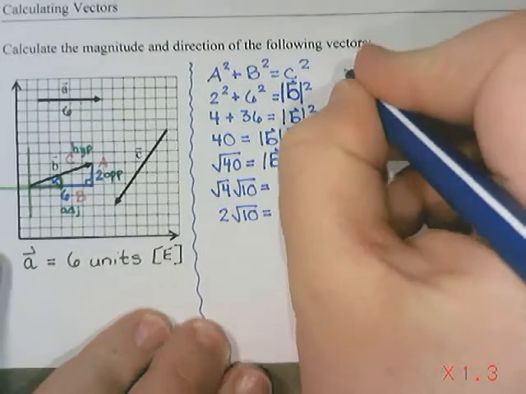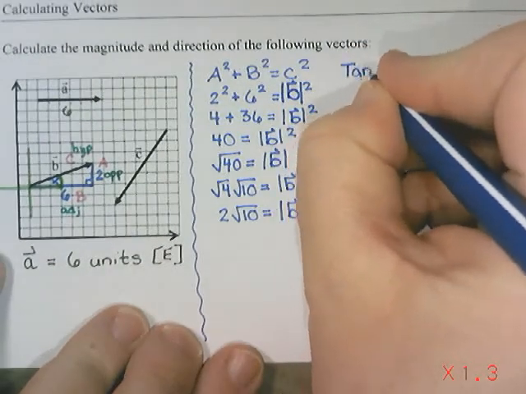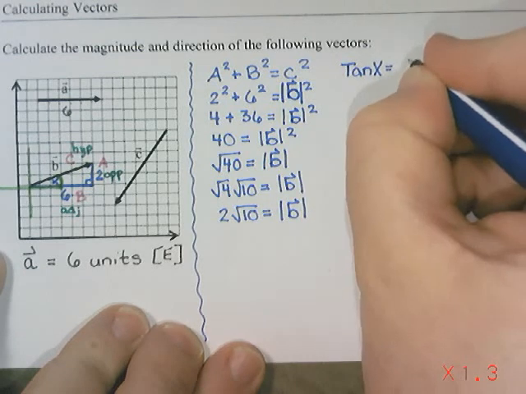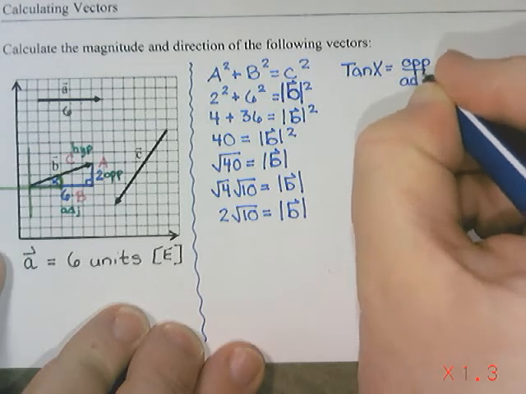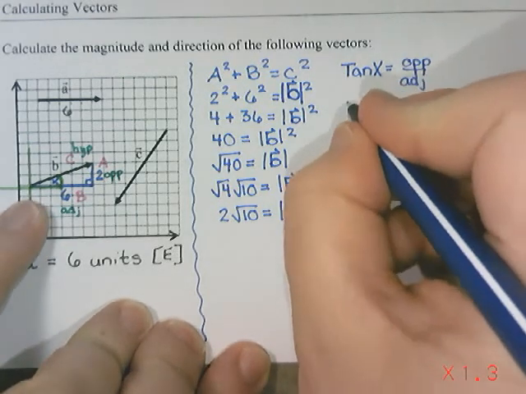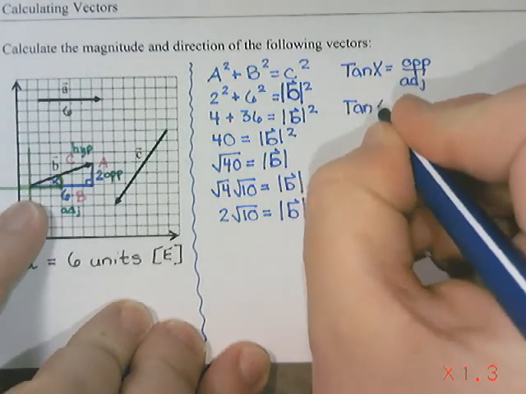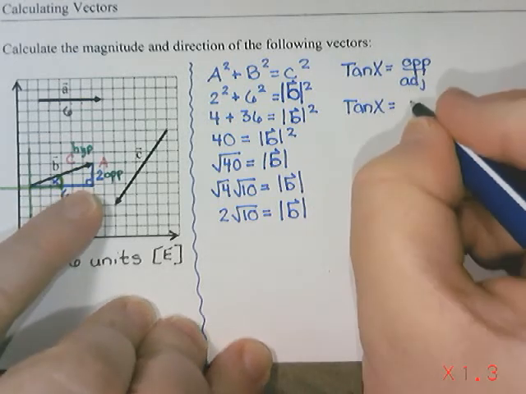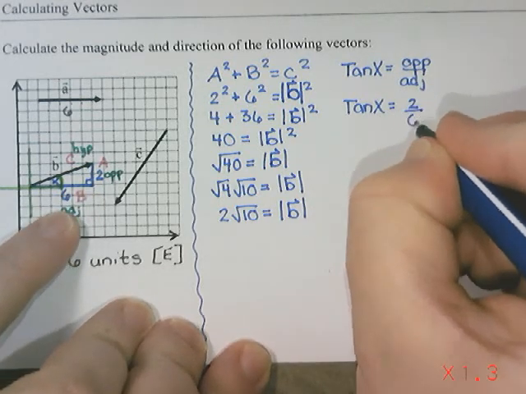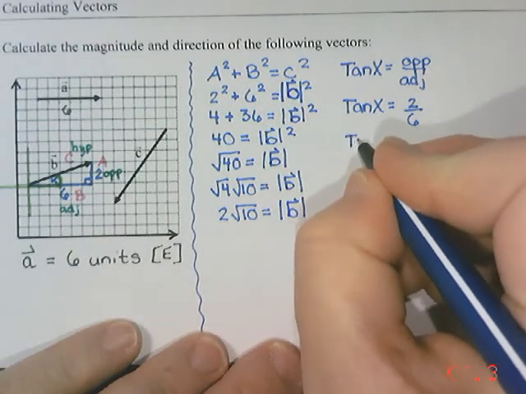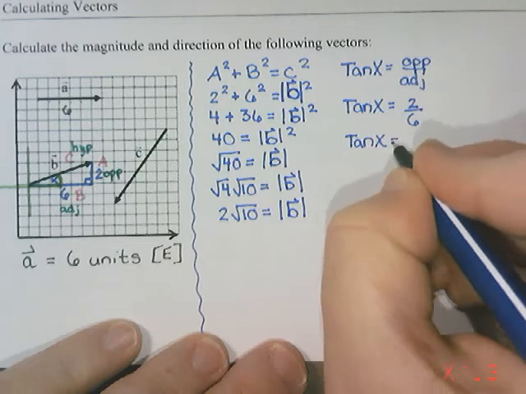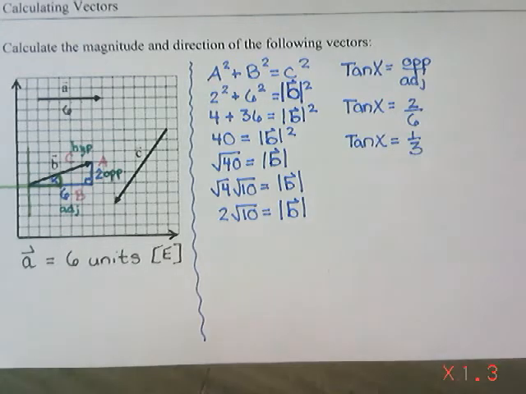So I'm going to say that tan of X is opposite over adjacent. So tan of, I don't know what X is, that's the whole point of this, is opposite 2 over adjacent 6. 2 over 6 does reduce to 1/3. And you'll be happy to know that I'm not going to make you do this as an exact value.